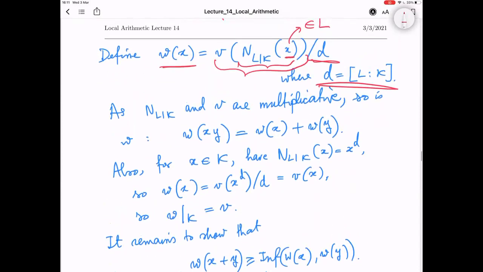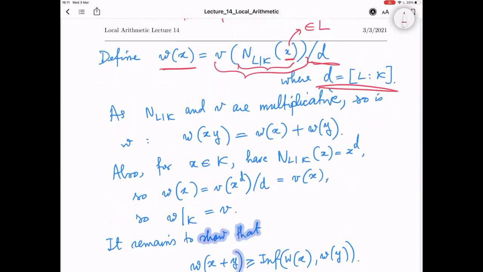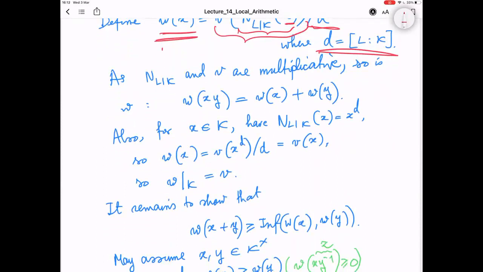So let's come back to this definition. W of x is the valuation of the norm from L down to k of x, where x is in this extension L, divided by the degree of L over k.